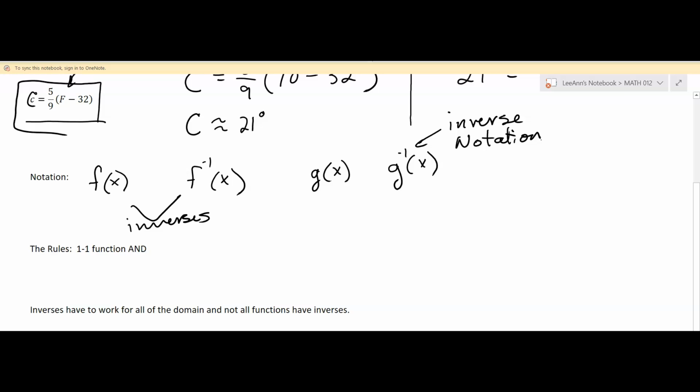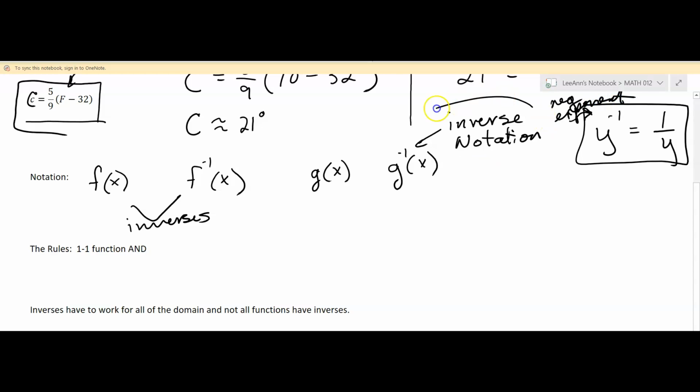Normally, if we have something like y to the negative first power, we know that equals 1 over y. That's a different thing. That's a negative exponent, and we've worked with those in the past.